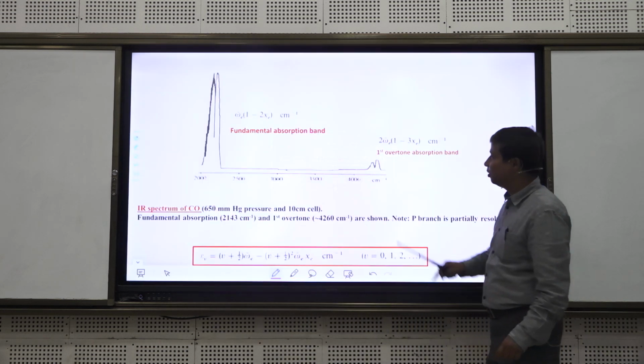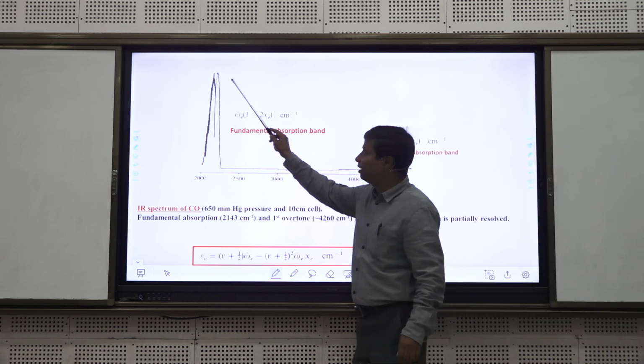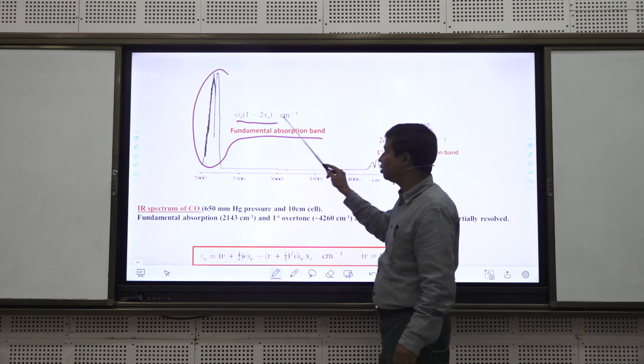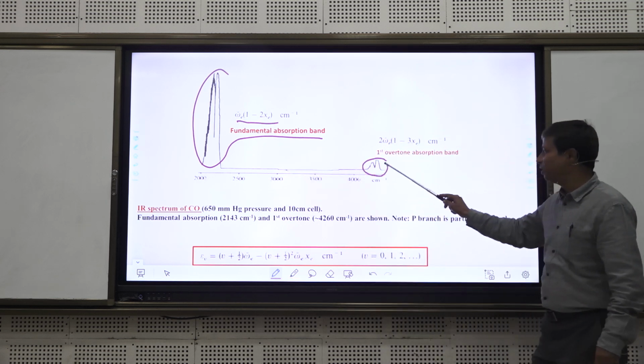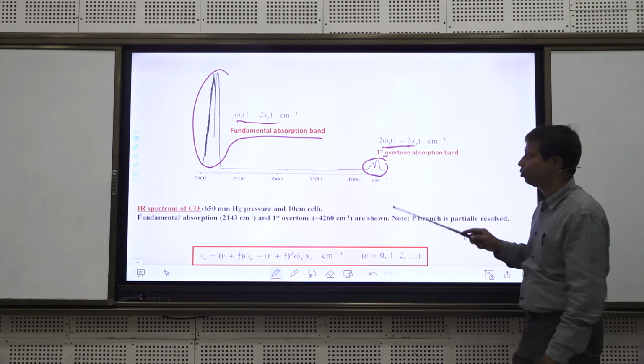Okay. So what we have learned is that this big band is the fundamental absorption band, whose expression is this one. This small band is the first overtone band, whose expression is this one.